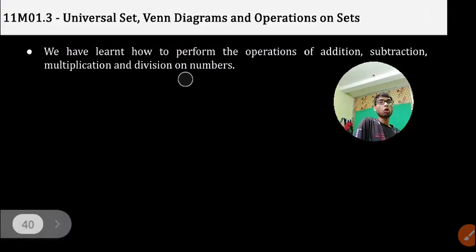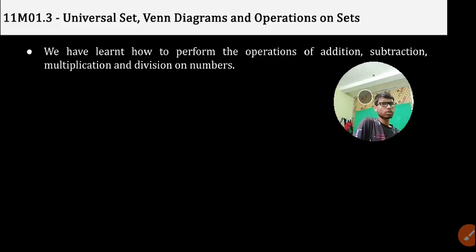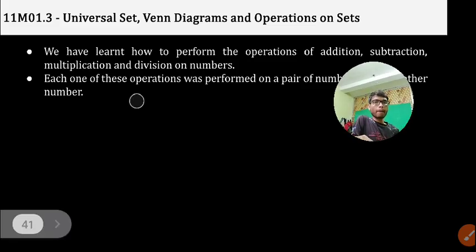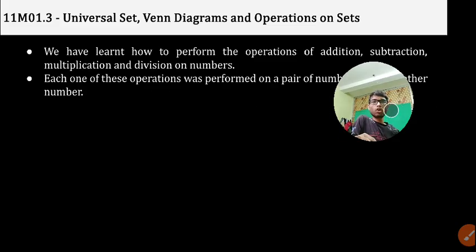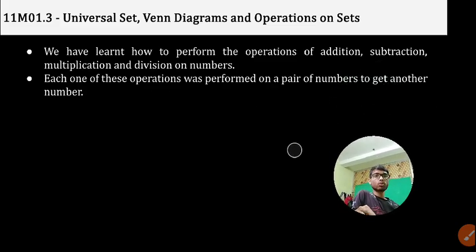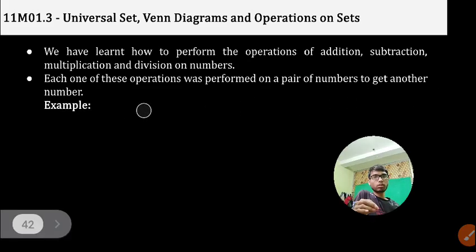We have learned how to perform the operations of addition, subtraction, multiplication, and division on numbers. Each one of these operations was performed on a pair of numbers to get another number. Let's see with the example 3 plus 15.